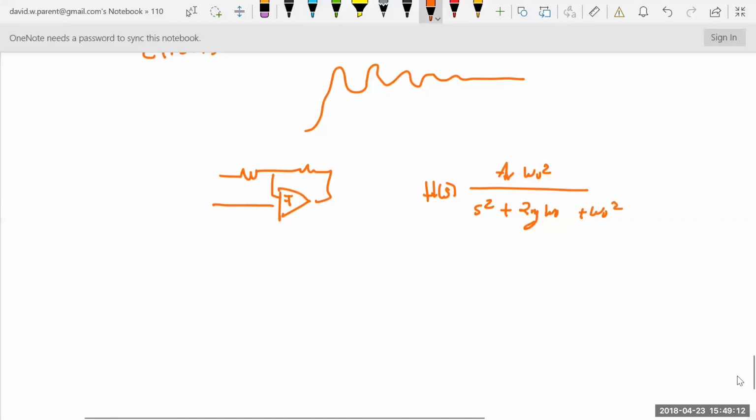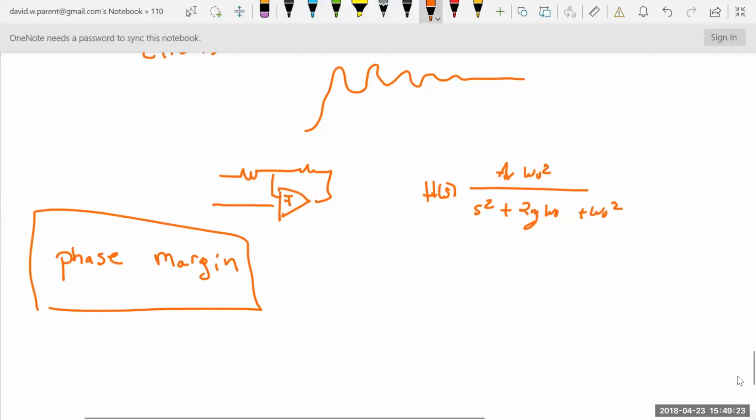I can't go into it today, but the term is phase margin, and you might want to look that up before some interviews, just as an aside.